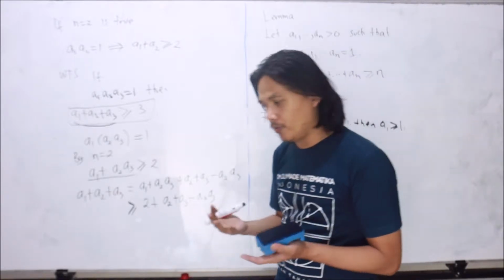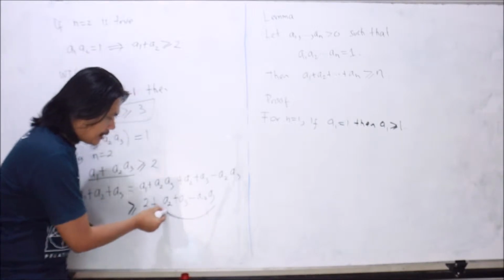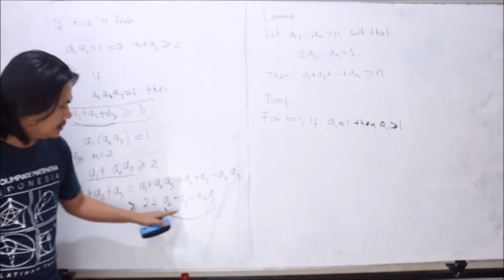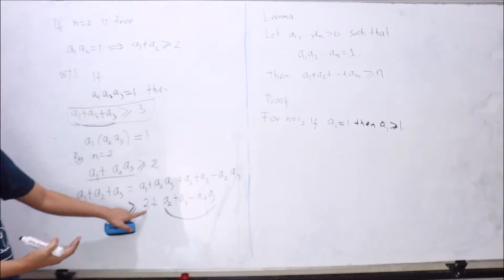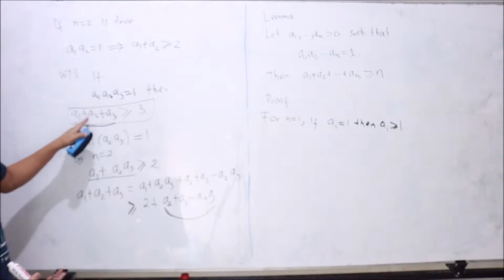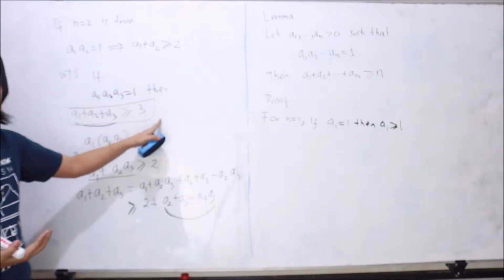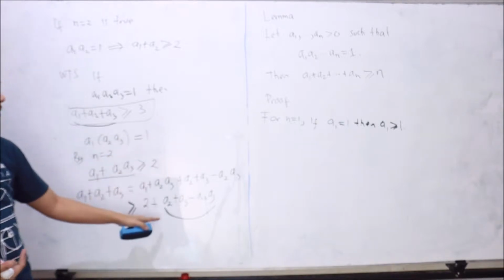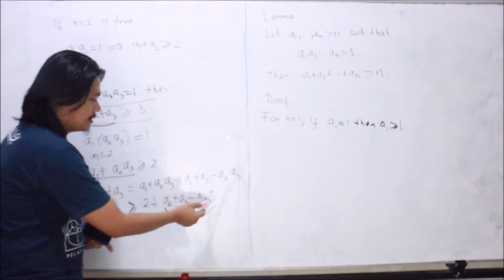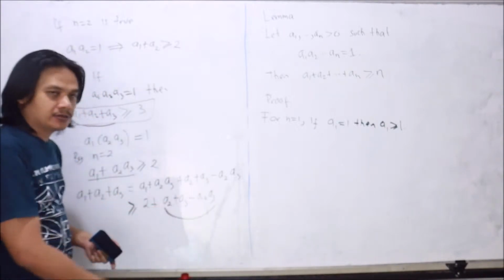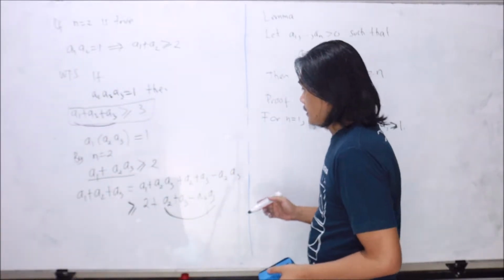Now we do some wishful thinking that if instead we can show that these three terms, the sum of them, are greater or equal to 1, then we are able to show the statement that we want to prove, right? So then we can ask ourselves, is it true that this expression is always greater or equal to 1?